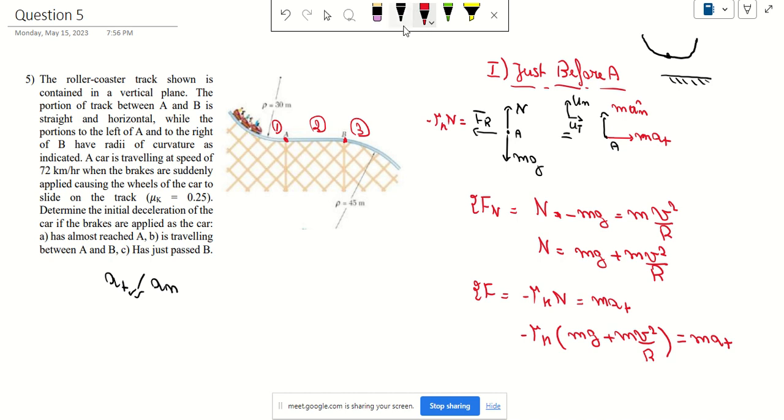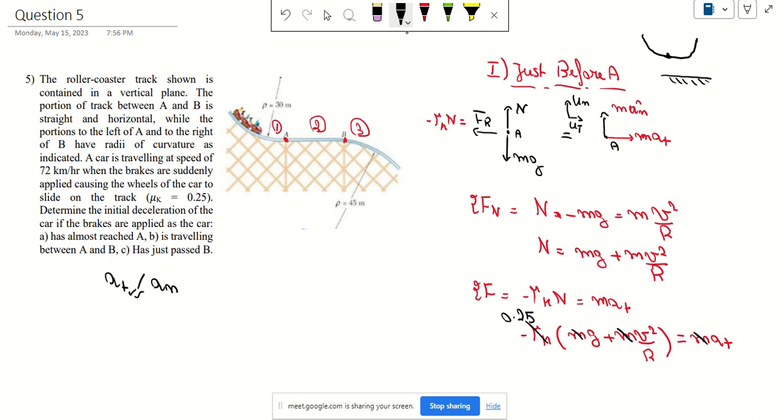So back again, let us substitute. We have 0.25, and we have m. We could just eliminate m from the whole equation. We have m here and m there, so we can eliminate it.